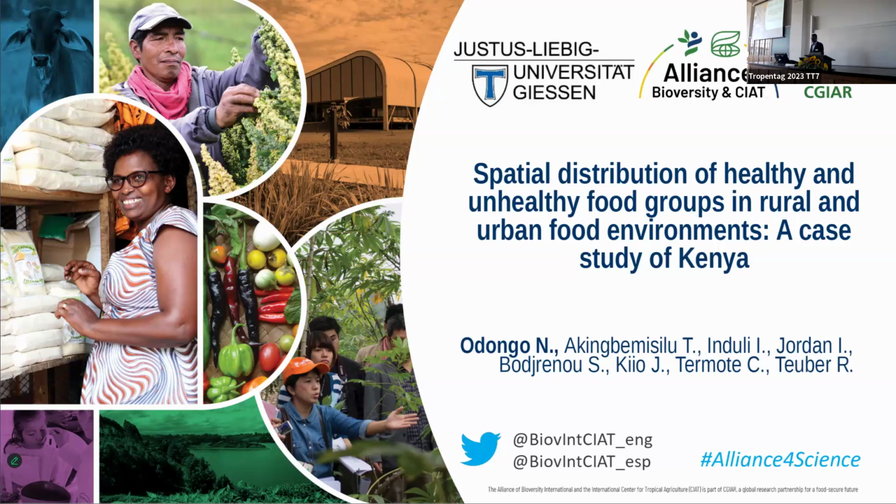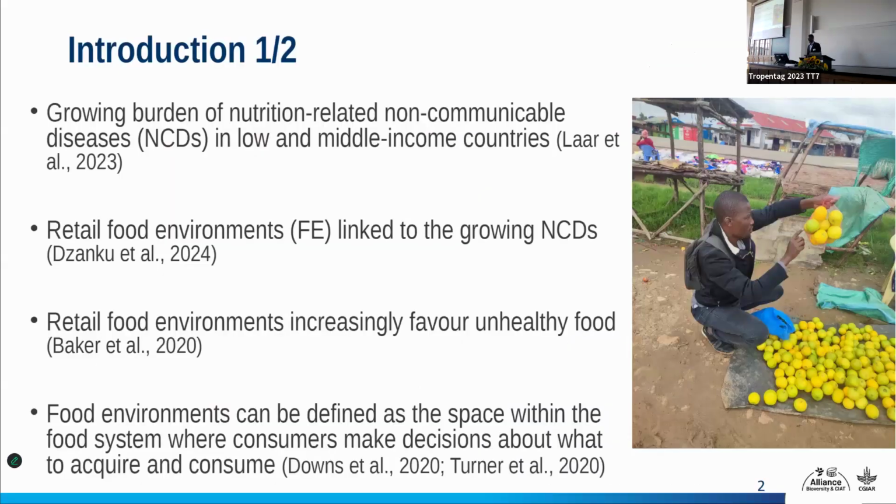Thank you very much, Johnny, for setting the stage. I want to pick it up from where you've left, looking at the spatial distribution of healthy and unhealthy food groups in rural and urban food environments, a case study of Kenya. Like you've pointed out, there is a growing NCD burden, or non-communicable diseases burden, across the globe, particularly in low and middle income areas.